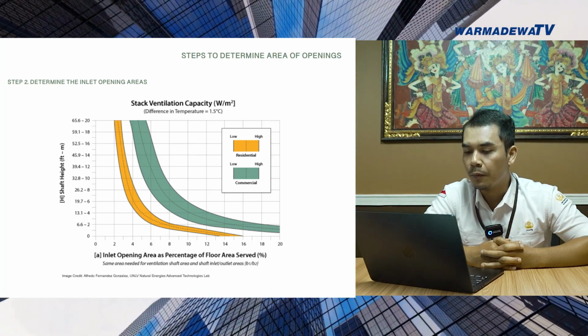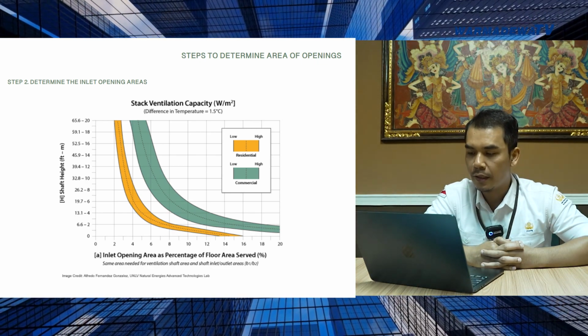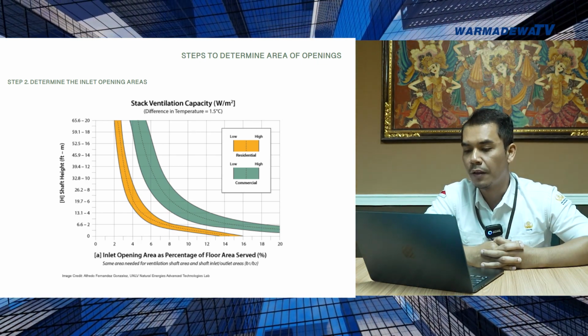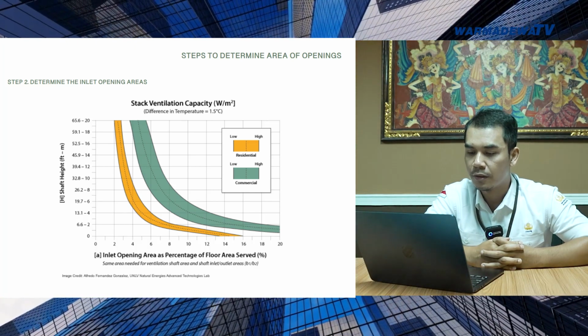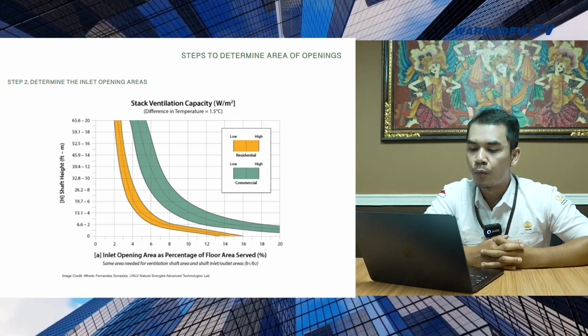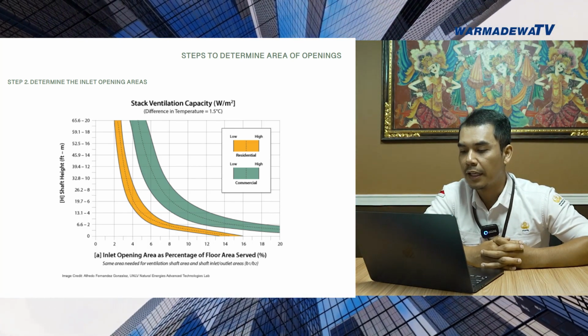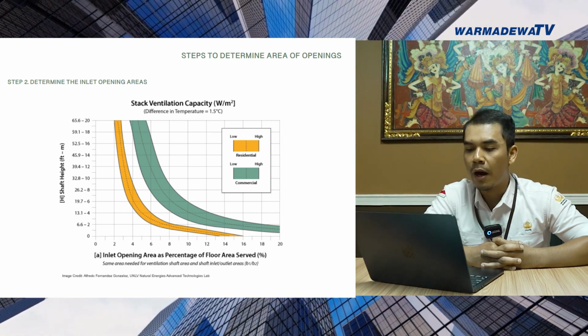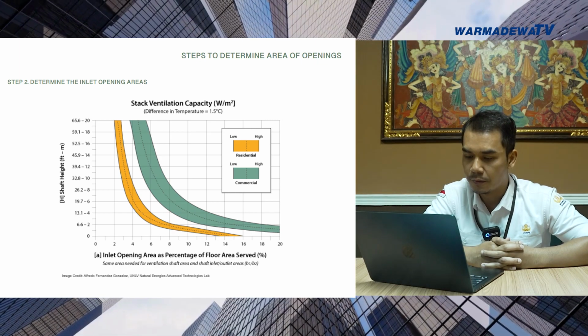And within each curve, there is a dotted line in the middle. Now, this is to show if the building classification is high or low. The right line from the middle dotted line means that it's classified as high, while the left line from the middle dotted line classifies the building as low.